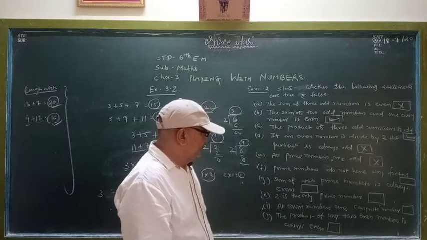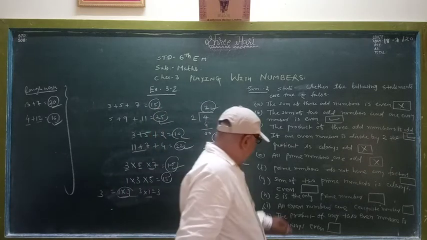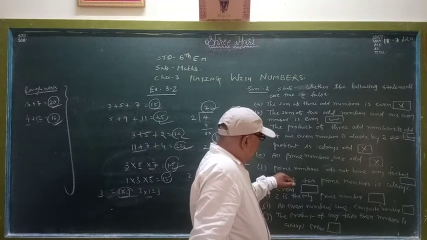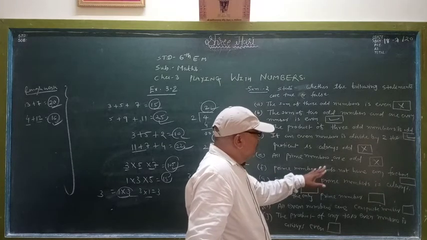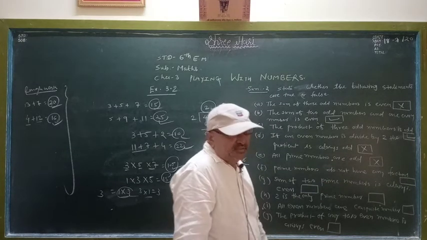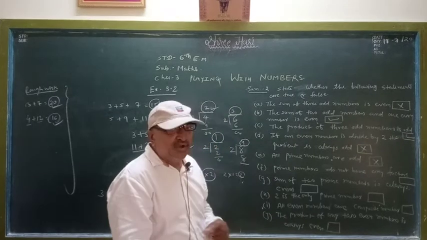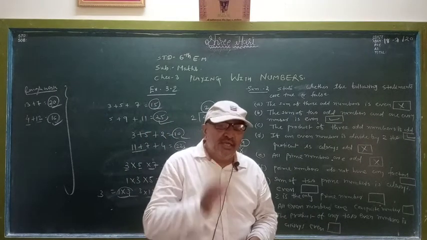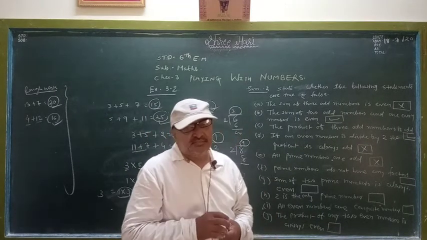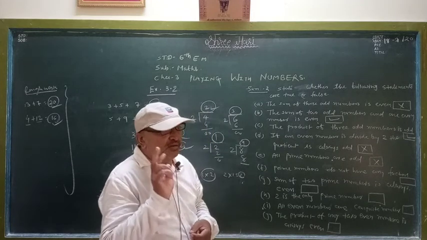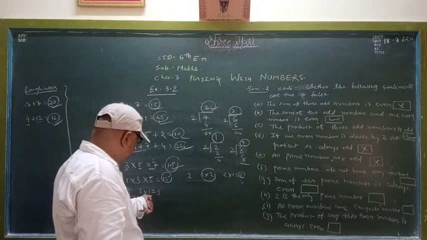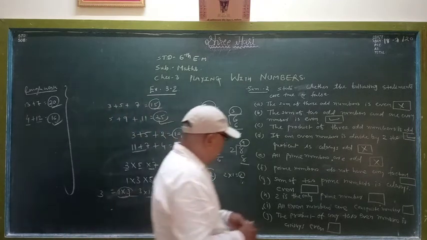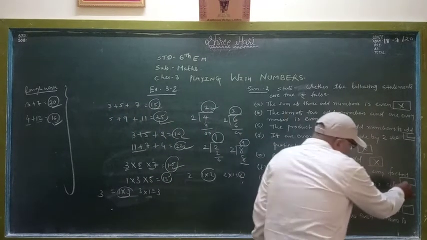But this statement tells us prime numbers do not have any factors. So it is false. Why? Because any prime number has a minimum of 2 factors, 1 and the number itself. So F is also false.